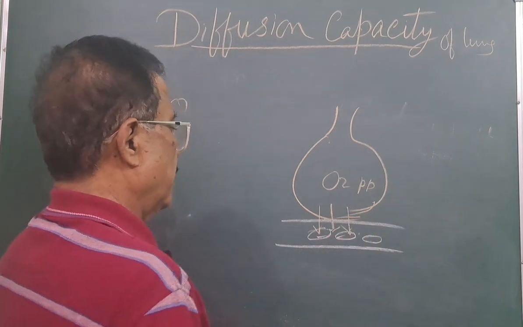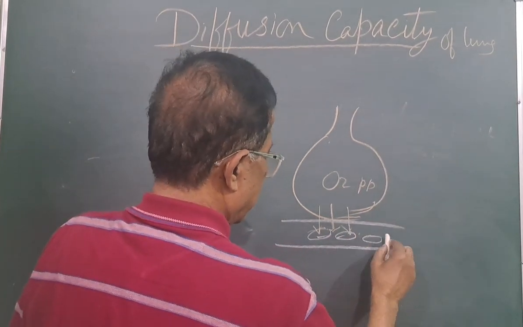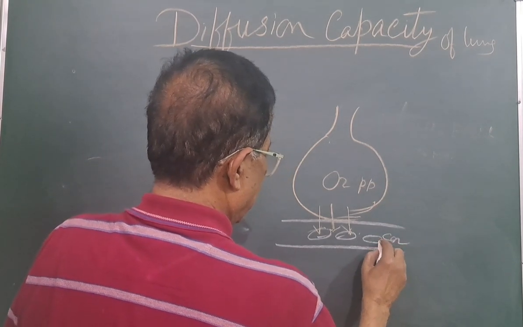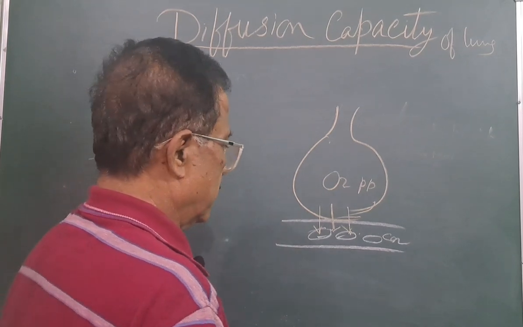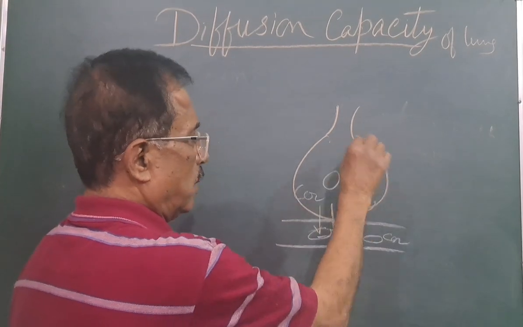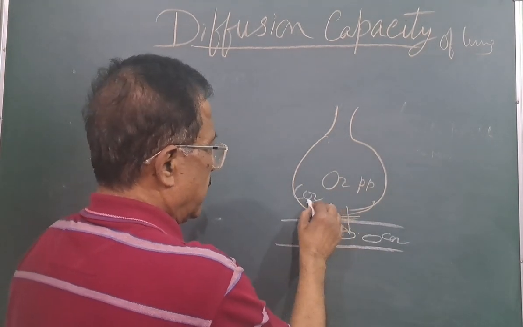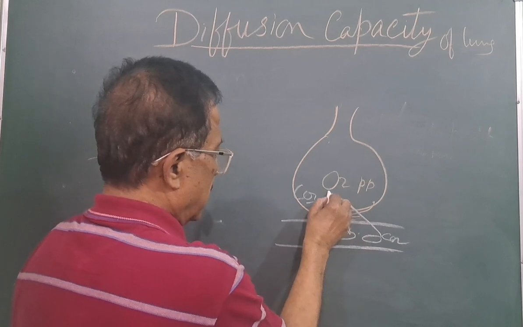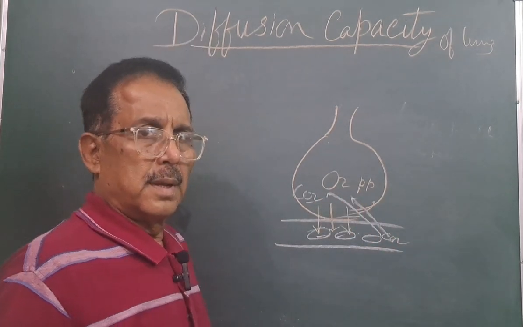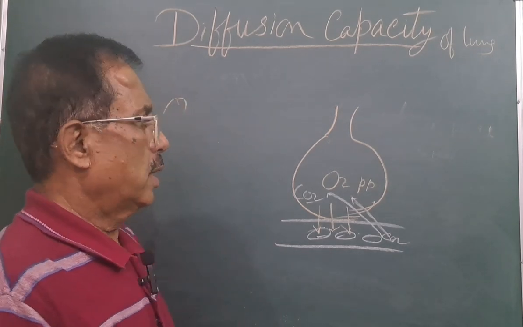And what happens with carbon dioxide? CO2 content is more in pulmonary capillaries, and in alveolar air its concentration is low and partial pressure is also low. Then carbon dioxide will move to the alveolar air. This is about diffusion capacity of lung.